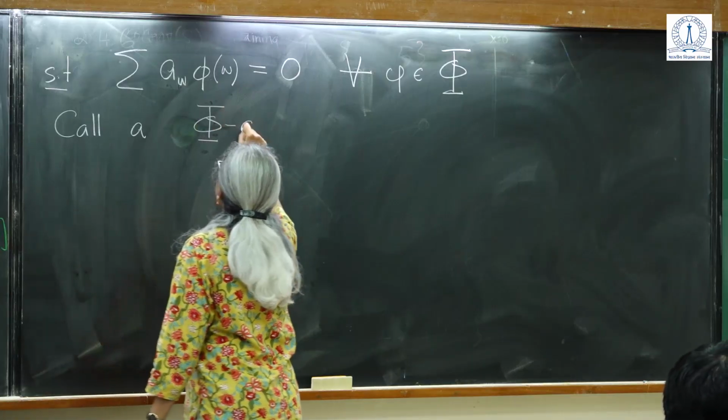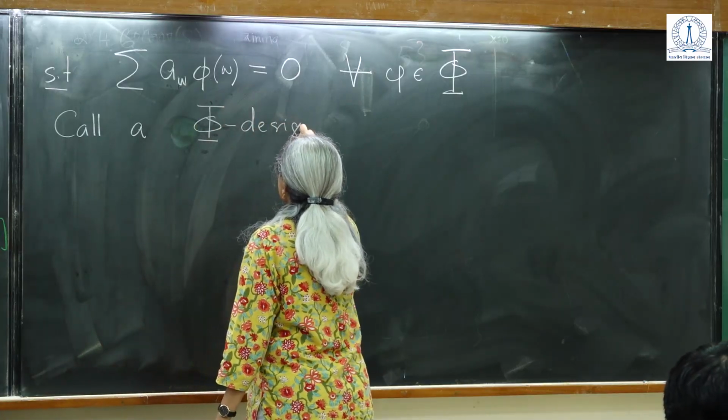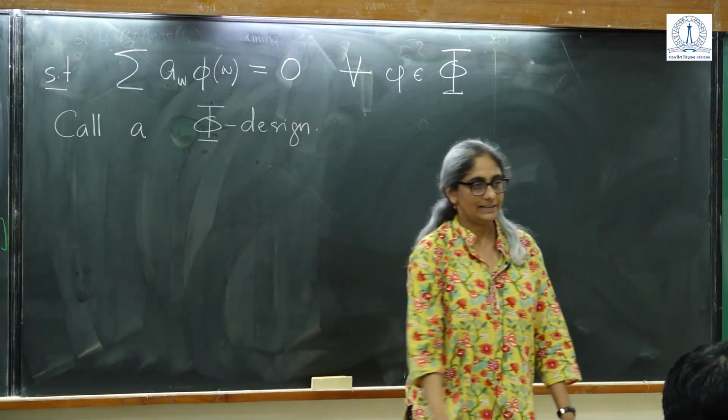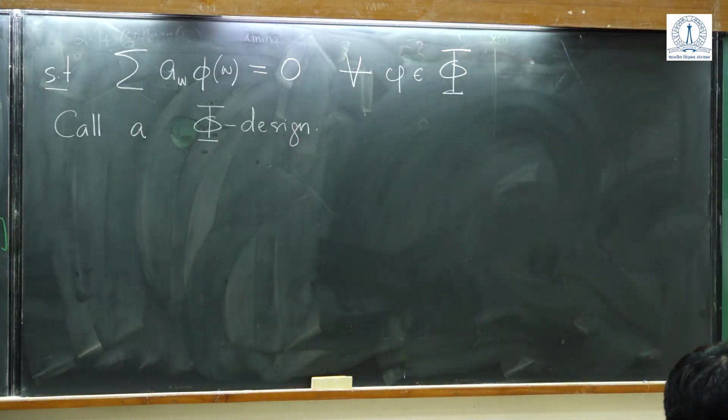This is the definition of a design. So we're looking for a collection of vertices with non-negative weights such that for whatever prescribed number of eigenvectors, the weighted average is the global average. Good so far? Yeah.